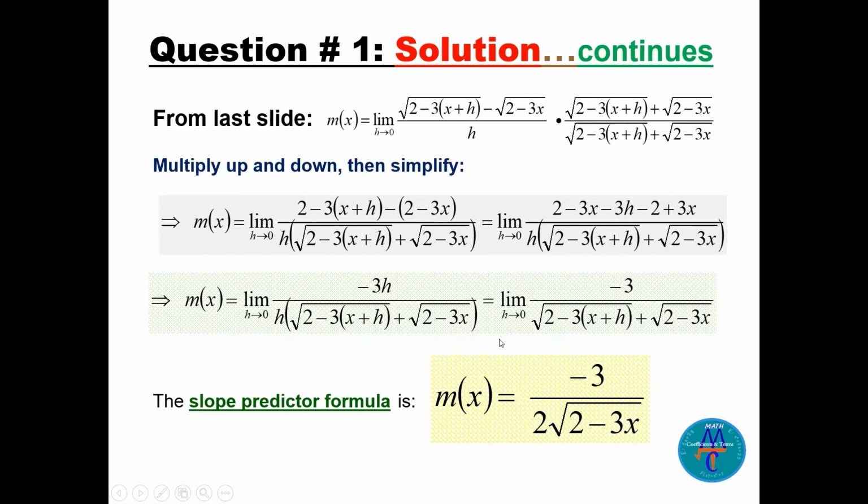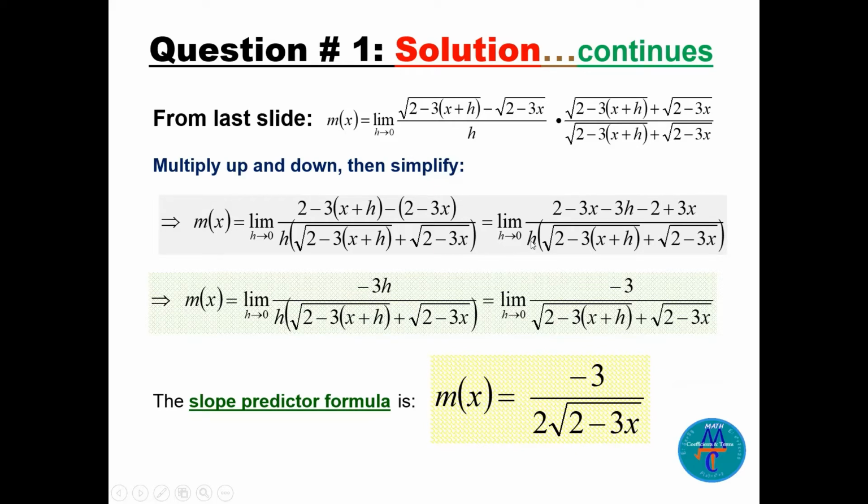So we have to be patient here. To simplify, 2 minus 3 times x plus h, we multiply that minus this one, square root times this square root, becomes 2 minus 3x. So this will be 2 minus 3x minus 3h minus 2 plus 3x. You can cancel 2 and minus 2, 3x and minus 3x. You are left with the minus 3h.